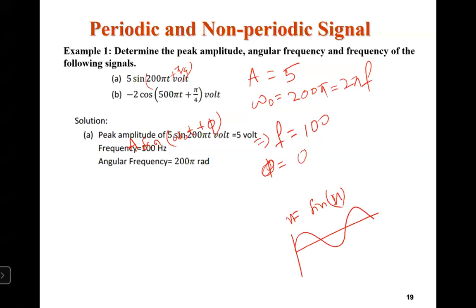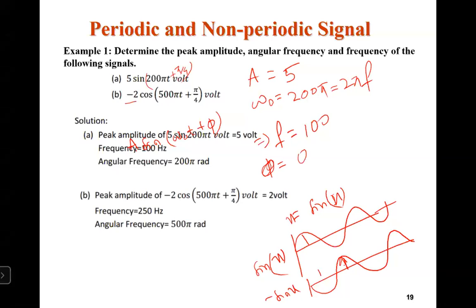If it is a sinusoidal wave, its amplitude is 1. Minus sin x means you multiply minus 1 with this, so it is just opposite. But still, the amplitude is 1, because you are taking the positive peak. So here in the second example, the amplitude will be 2.